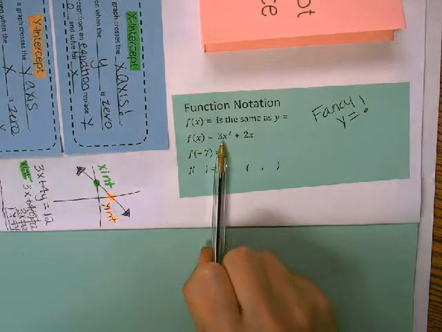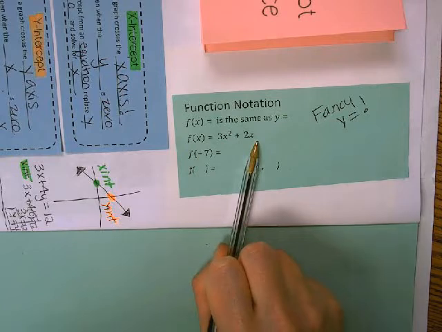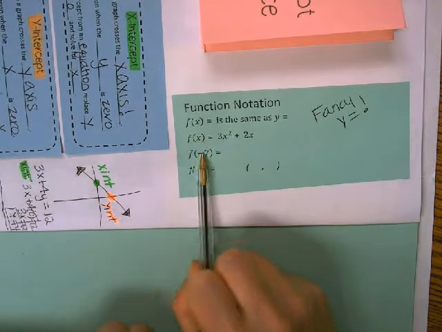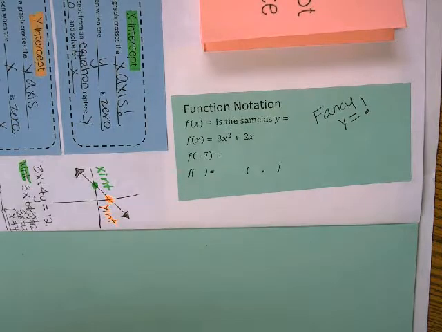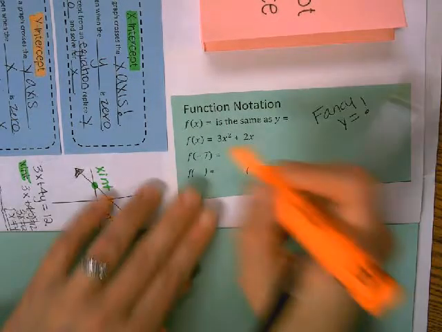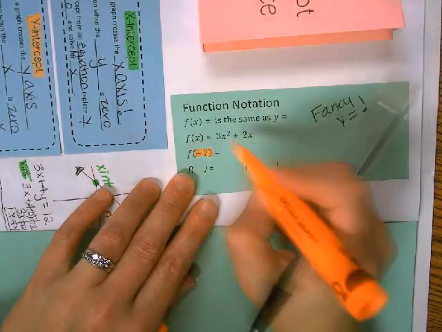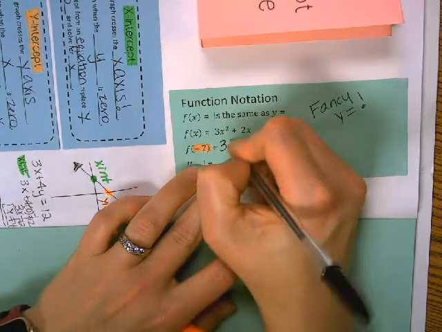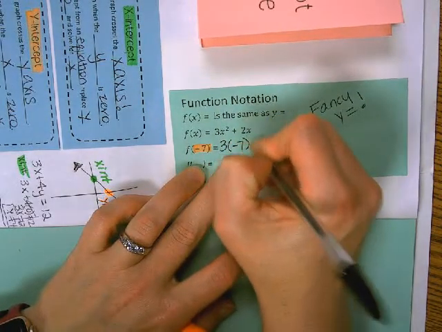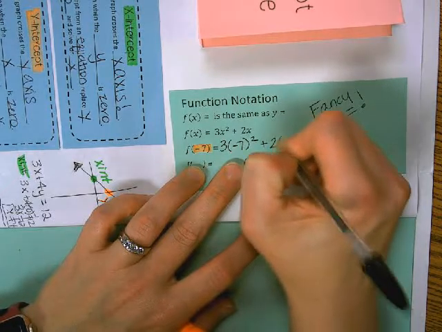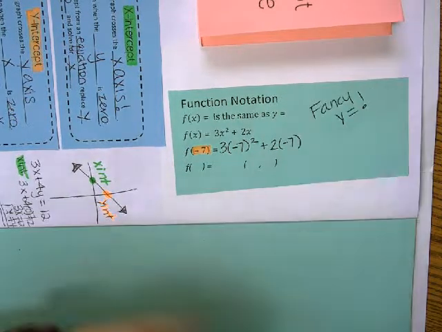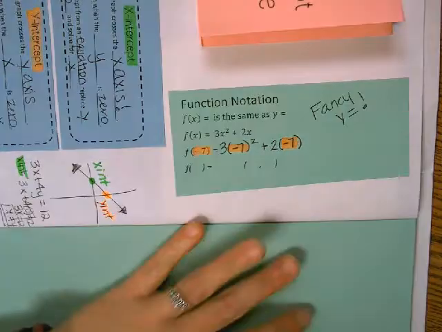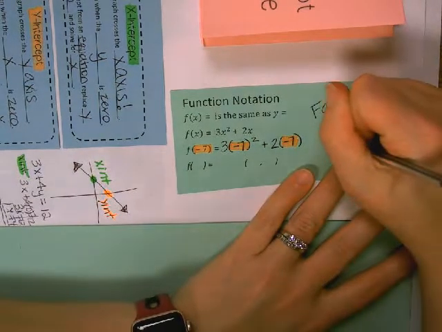So if I have f of x equals 3x squared plus 2x, and I wanted to find f of negative 7, the thing that changed was the x. So what you're going to do is take negative 7 and write it everywhere you see x. So you would say 3 parentheses negative 7 squared plus 2 parentheses negative 7. And you have to use parentheses, because you don't want to get it wrong because you didn't use them.